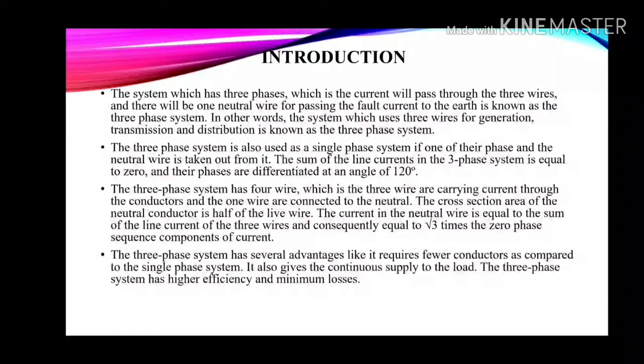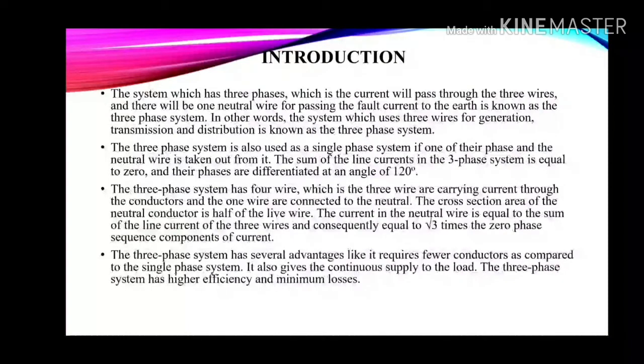The three-phase system can also be used as a single-phase system if one of the phases and the neutral wire are taken out from it. The sum of the line currents in the three-phase system is equal to 0, and the phases are differentiated at an angle of 120 degrees.